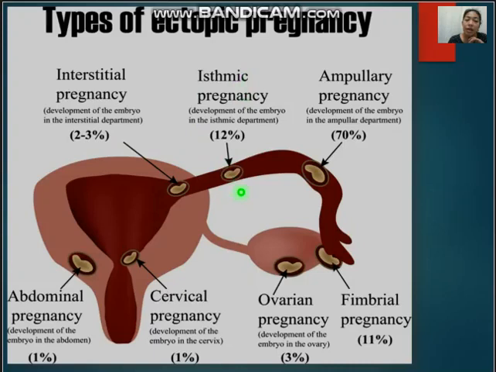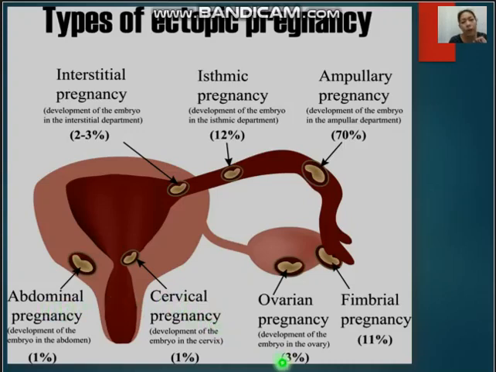Isthmic pregnancy is in the isthmus portion of the tube. And ampullary pregnancy, wherein 70% of the cases of ectopic pregnancy usually occur in the ampullary portion of your fallopian tube, together with fimbrial pregnancy, ovarian pregnancy, cervical pregnancy, and abdominal pregnancy.